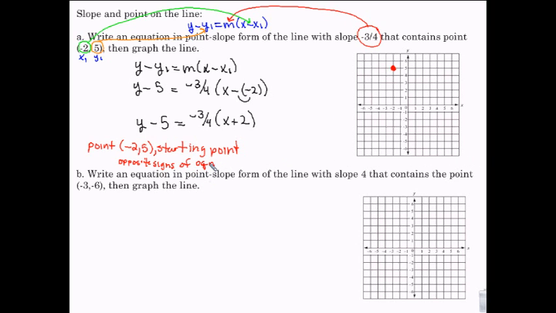Oh, equation. E-Q-U-A-T-I-O-N. There you go. Better. From there, so that's the first thing. And then the second thing I do is I count the slope. So since I'm negative 3/4, I'm going to go down 3 and then over 4. So 1, 2, 3, 1, 2, 3, 4.